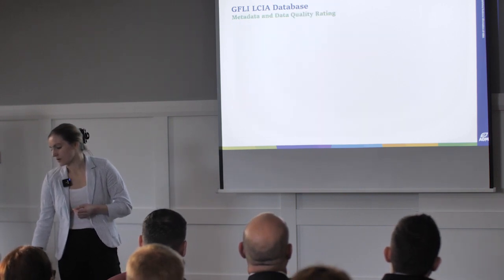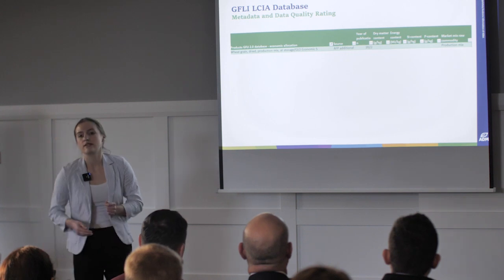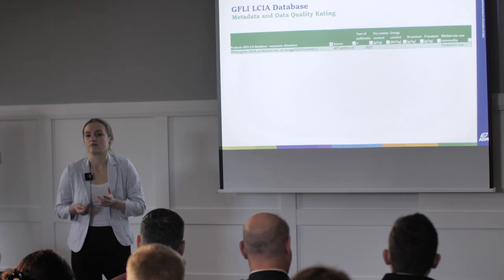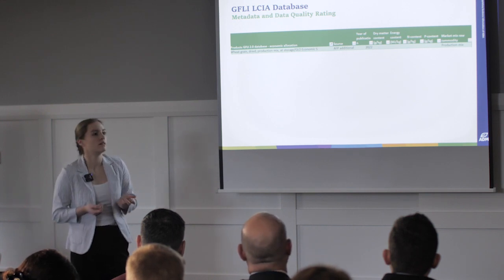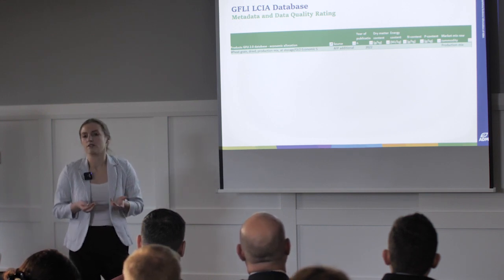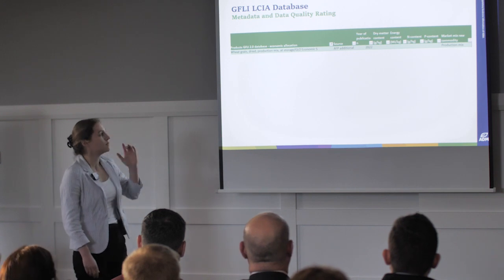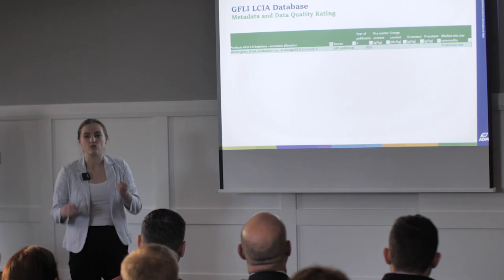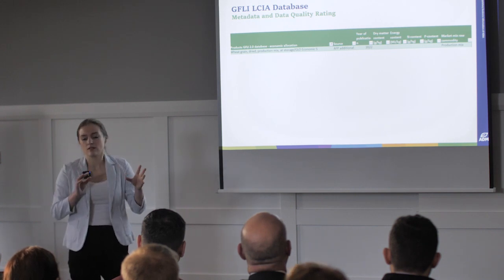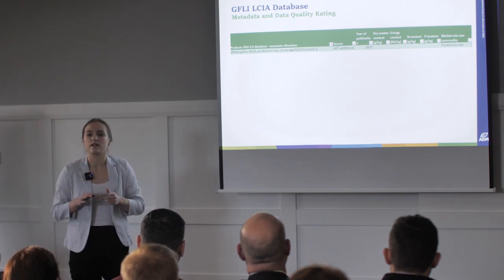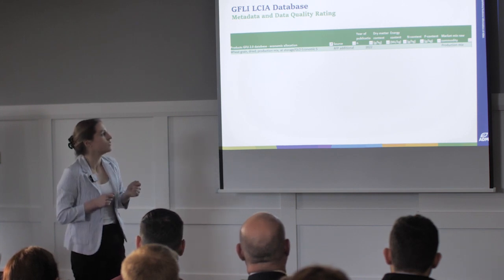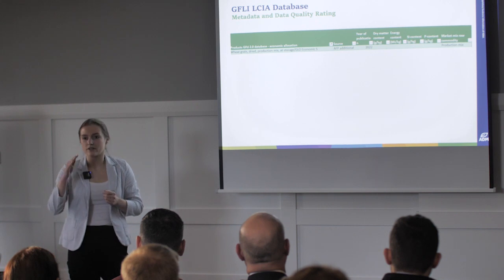Okay, moving on now to the metadata. So the metadata are the so-called additional data that are used to describe the data sets. I know it's maybe a bit small for people in the back, but in the end, once you see the table, you've chosen the economic allocation method and the impact assessment method, you will see all the data sets which you can filter.